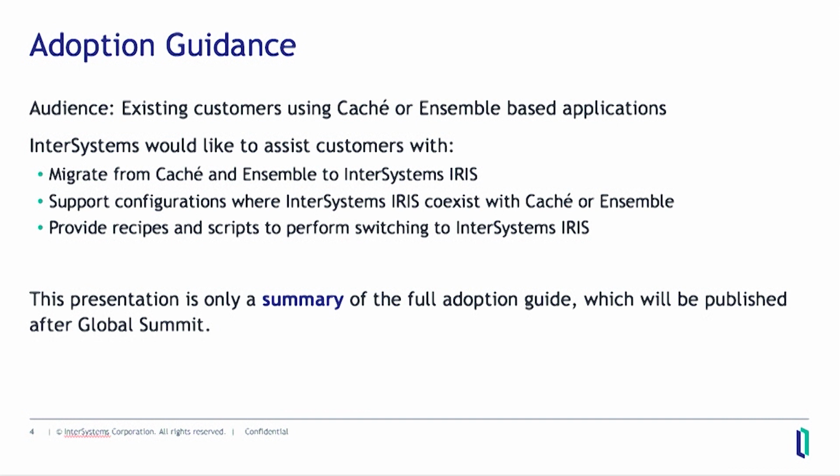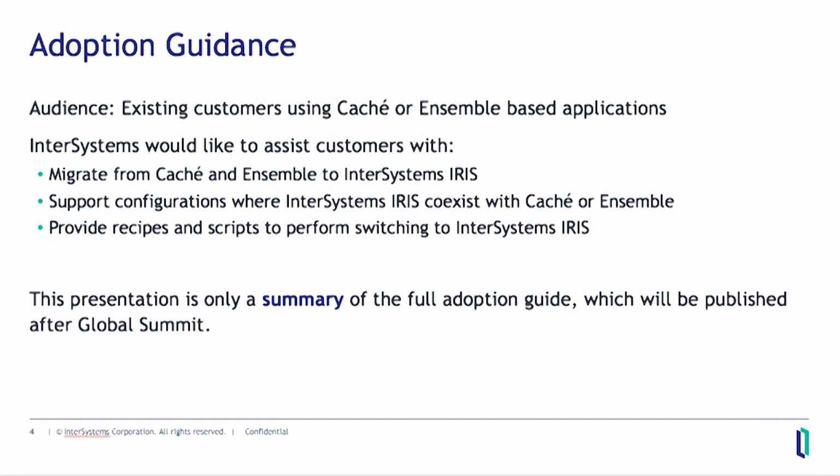The goal for us is to provide guidance, documentation, scripts and details to make this kind of real transition: putting this instance down, putting that next instance up, and how this works.